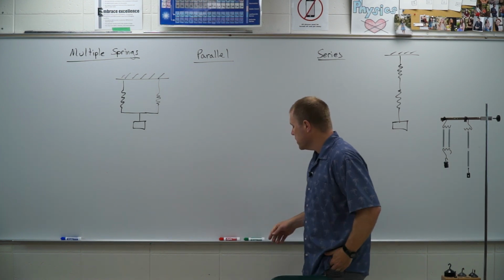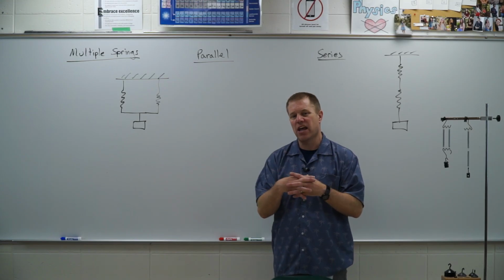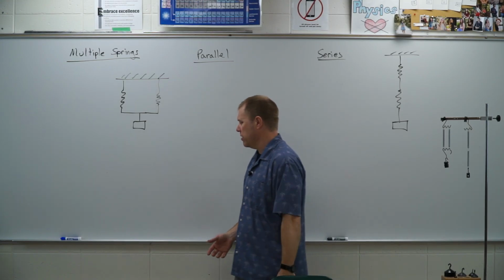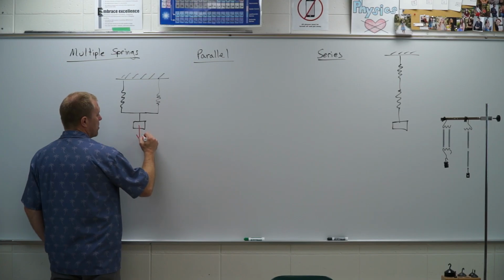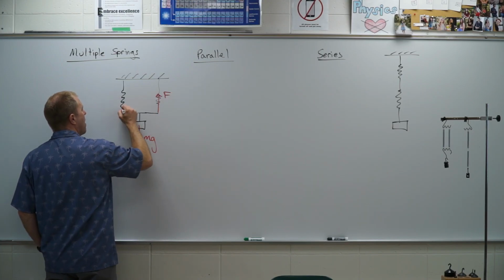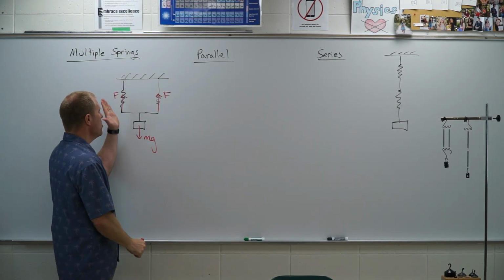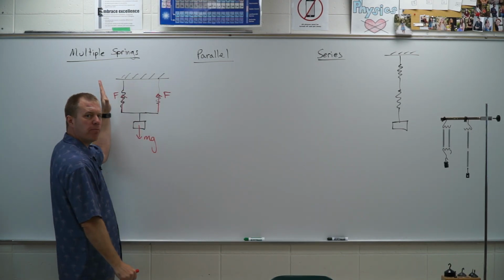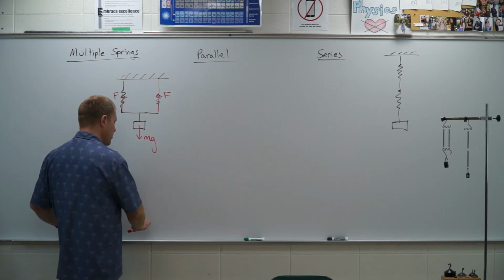So the first thing we need to understand is what's the same and what things add up in our scenario. In a parallel situation, gravity's pulling down, but both springs are pulling up. Meaning when I think about the forces acting here, the total upward force from my springs is going to be the sum of those forces.